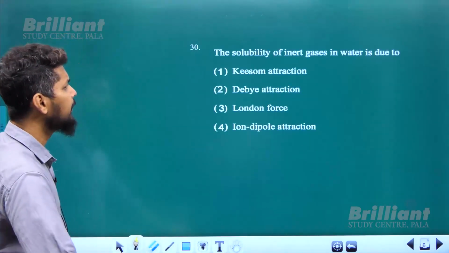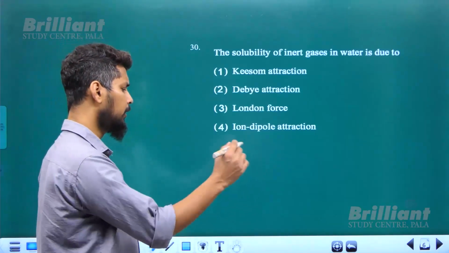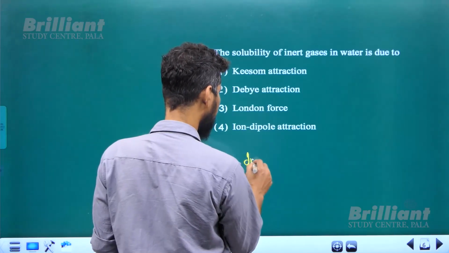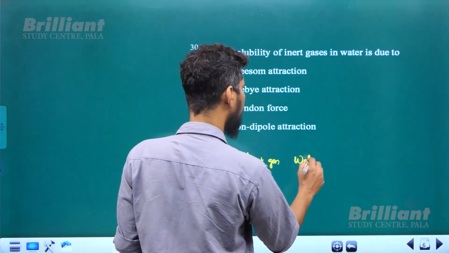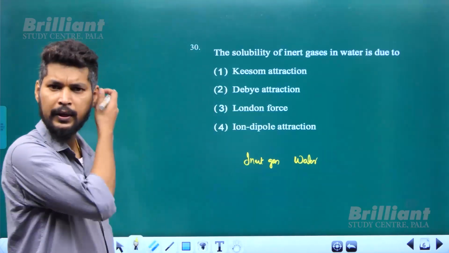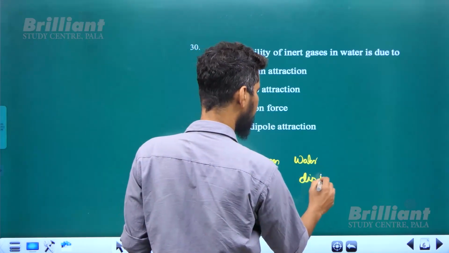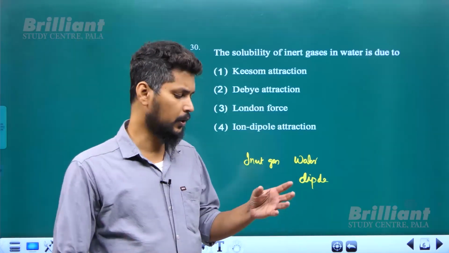The solubility of inert gas in water is due to... So here the interaction is between an inert gas and water. You know that water is a polar molecule, so it will be a dipole. Water is a dipole, and inert gas don't have any polarity.